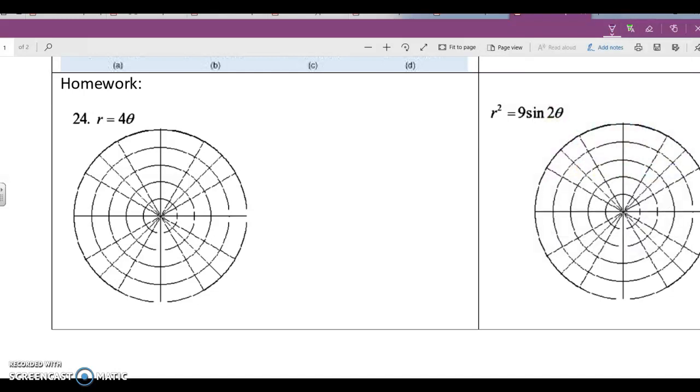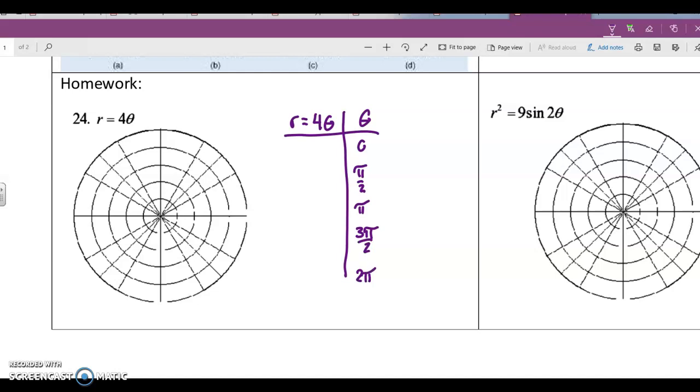Welcome back. This one right here is a spiral of Archimedes, so we're going to start with our chart. So we have r is equal to 4 theta, and then our theta values that we're going to use, as always, 0, pi over 2, pi, 3 pi over 2, and 2 pi.